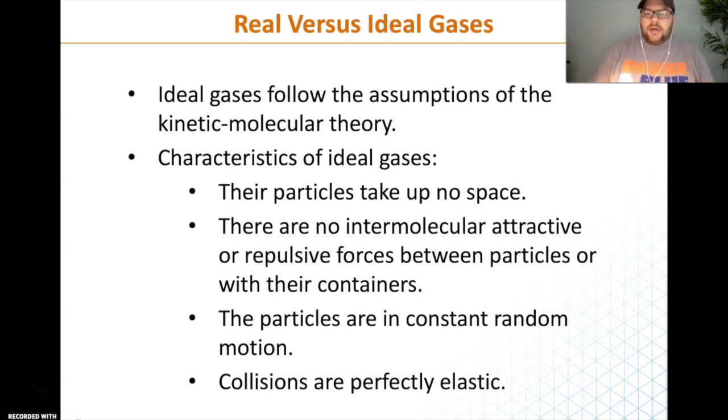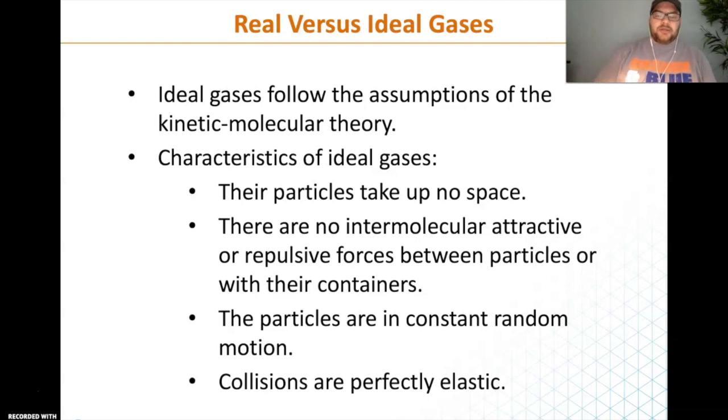So we talked about the ideal gas law, and the ideal gas law is assuming that gases act ideally. Ideal gases use all the assumptions that kinetic molecular theory uses.